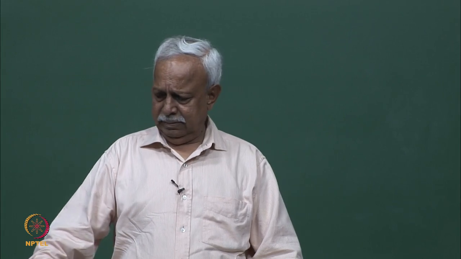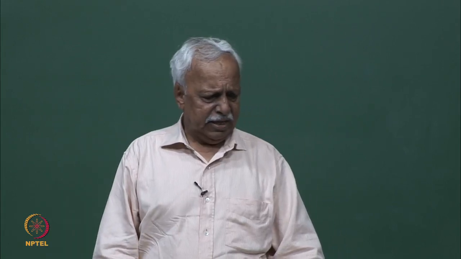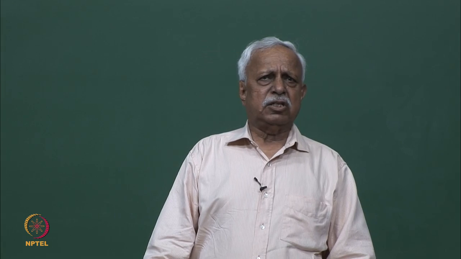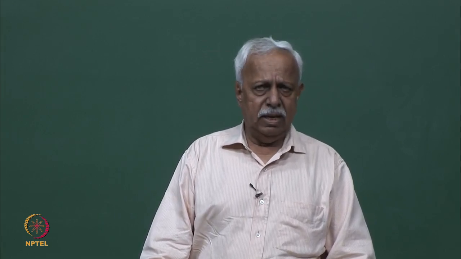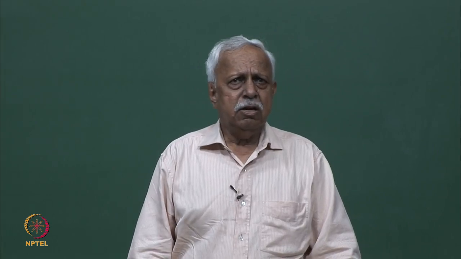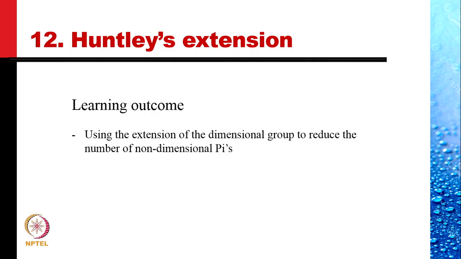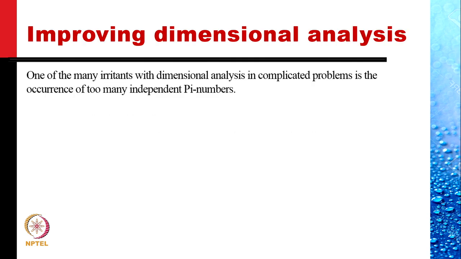Welcome back. In today's lecture, we will discuss a development in dimensional analysis known as Hunter's extension, which is used to extend the dimensional group to reduce the number of non-dimensional pies.